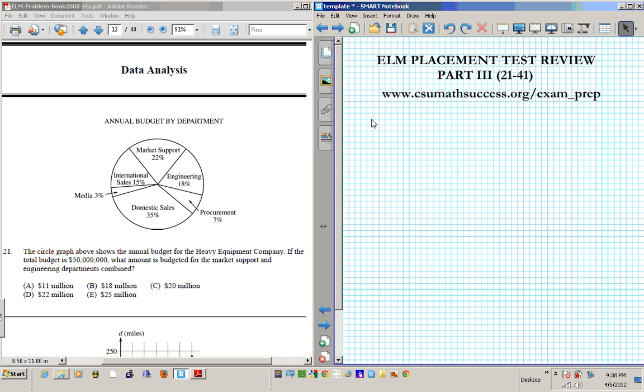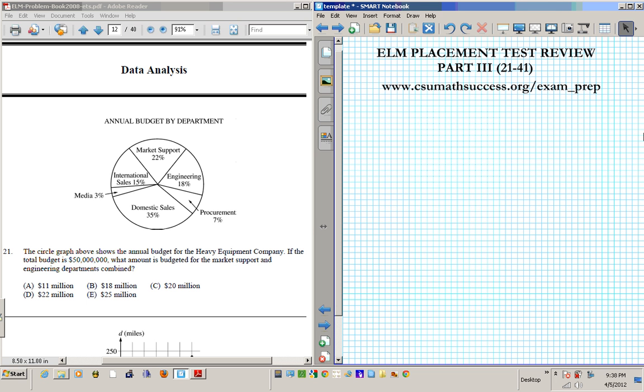Okay, so let's go ahead and start with question number 21. It says that the circle graph above shows the annual budget for the heavy equipment company. If the total budget is 50 million, what amount is budgeted for market support and engineering departments? So market support is 22% and engineering is 18%.